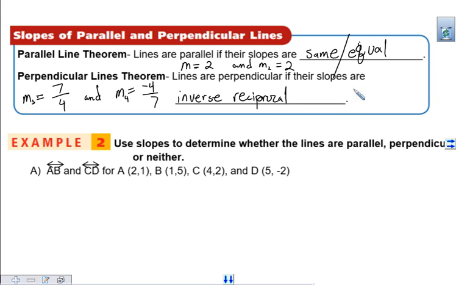Now, I need you to look at another example before we go on. So if we have a slope of 0 over 4, meaning that's 0, and we have a slope of 4 over 0, meaning that is undefined.